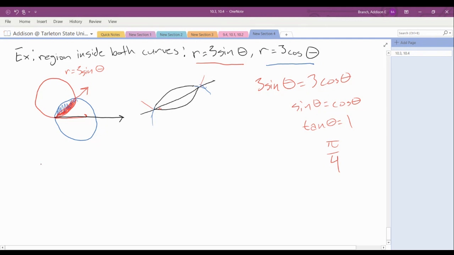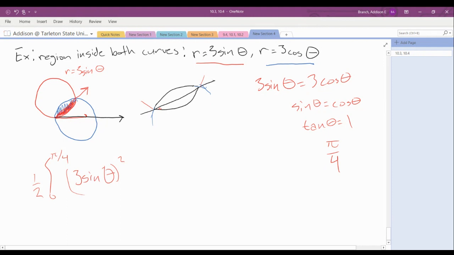If we're going from 0 to pi over 4 of 3 sine of theta, this setup right here, then that's just finding that little red piece.